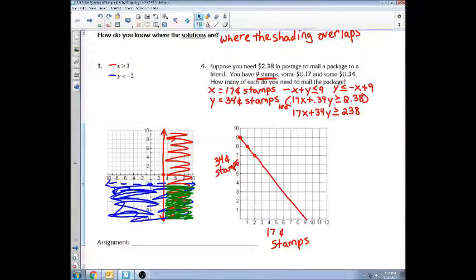Now, for my second inequality, I'm going to use blue, so I'm going to go ahead and finish my work in blue. First, I need to subtract that 17x, so it would be 34y is greater than or equal to negative 17x plus 238. I would need to divide by 34.